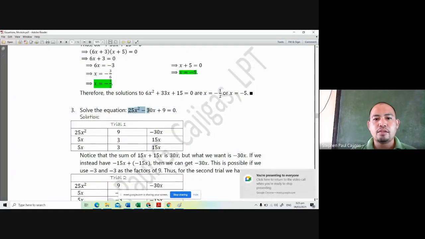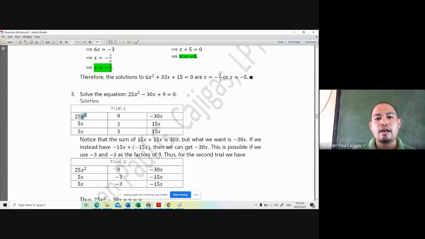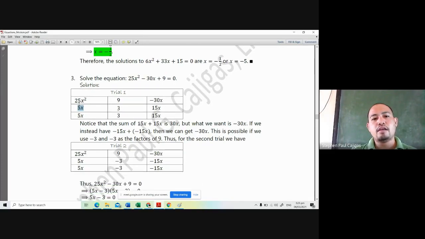So next, we have this 25x squared minus 30x plus 9. So the same thing. We put the boxes, and then we try different factors. Okay, so we have 25x squared, then a positive 9 and a negative 30. Here, the factors of 25 I tried are 5 and 5, and for 9, 3 and 3. When I multiply 5x times 3, 15x, and 5x times 3, 15x also. When I add them, positive 15x, I mean positive 30x.